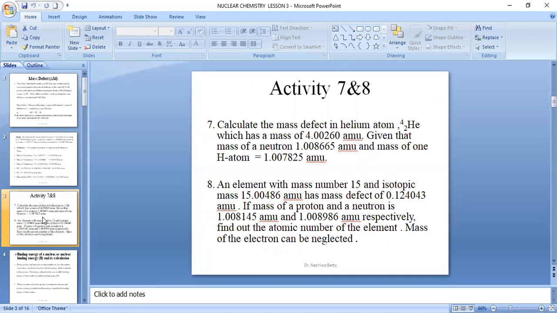Activity 7, calculate the mass defect in the helium atom, which has a mass of 4.0026, given that the mass of a neutron is equal to 1.008665 and the mass of one hydrogen is equal to 1.007825. Then activity 8 is requesting us to calculate the atomic number of the element.